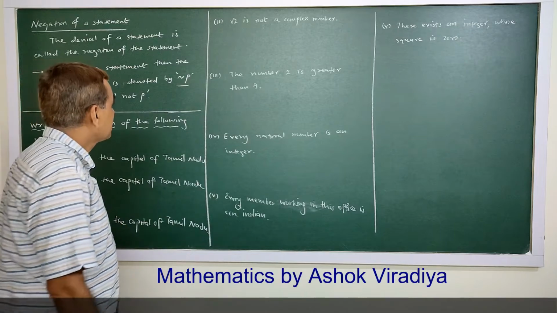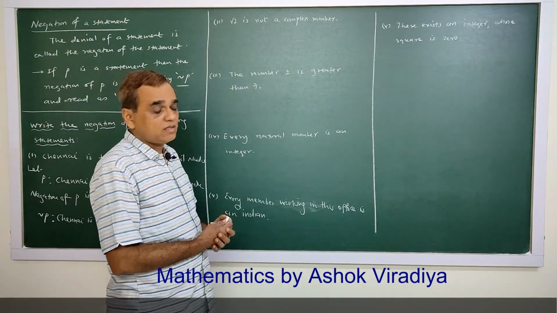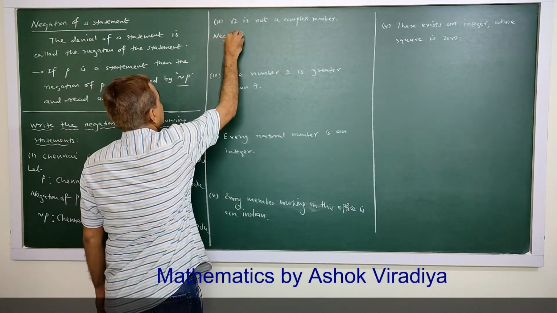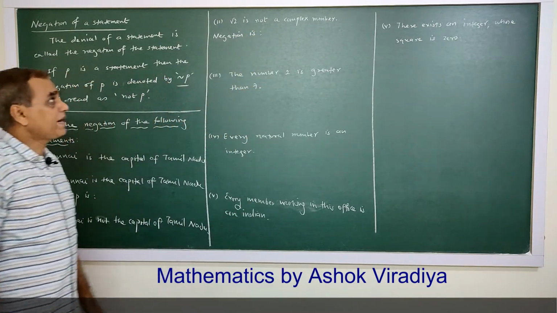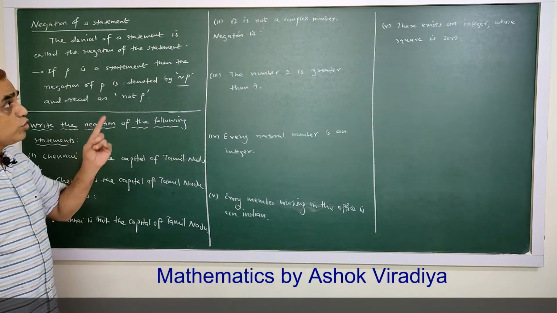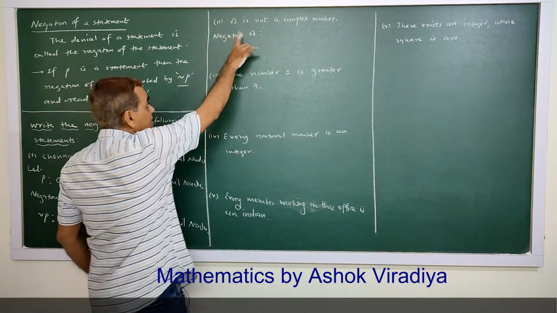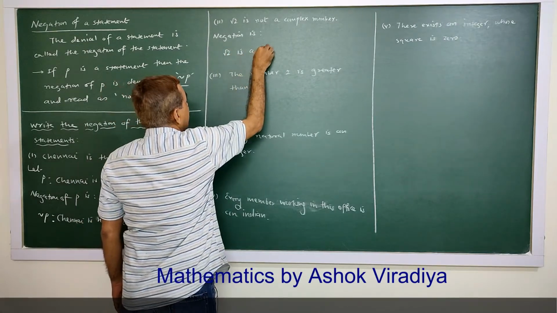Now here, root 2 is not a complex number, so I am putting its negation. Root 2 is not a complex number, so the negation is to deny this statement: root 2 is a complex number.